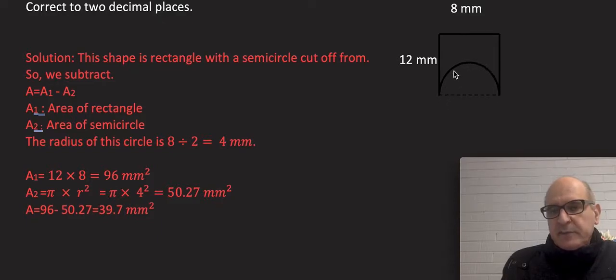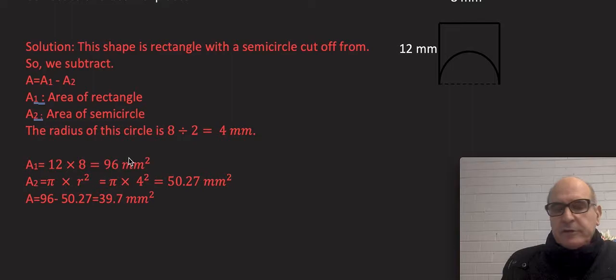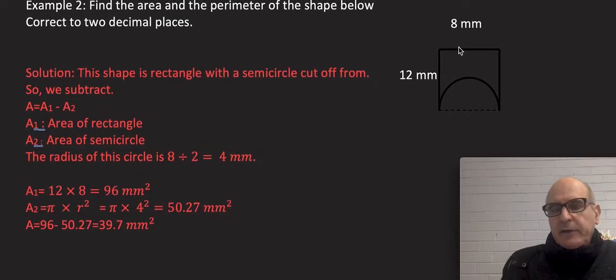It has been cut off from this whole rectangle. So I have this whole rectangle, before that semicircle was cut off. The area of that becomes 12 times 8, which is 96 square millimeters.